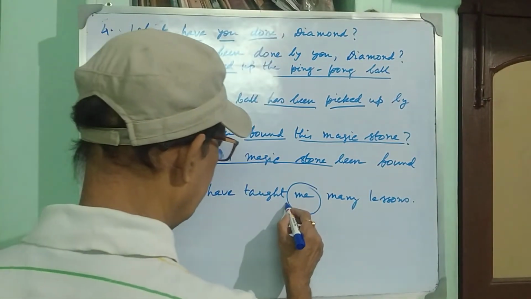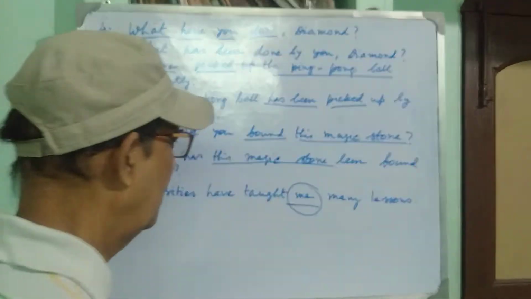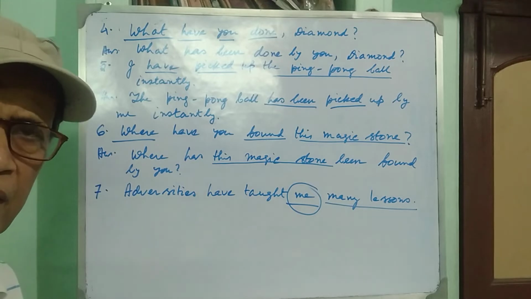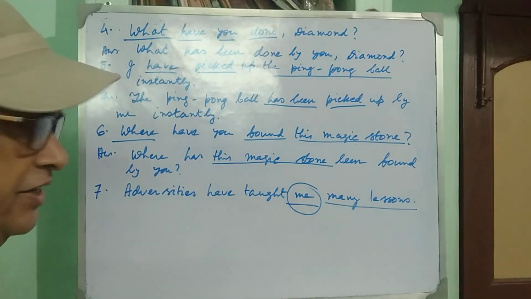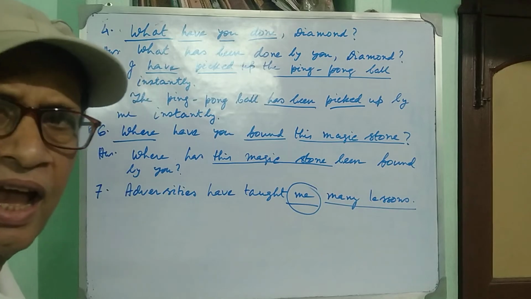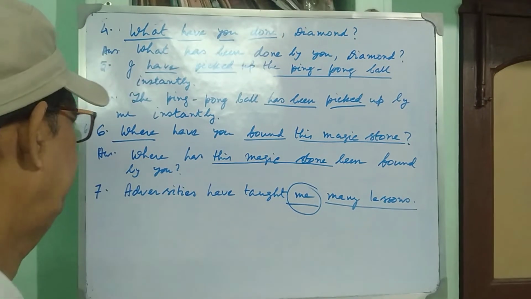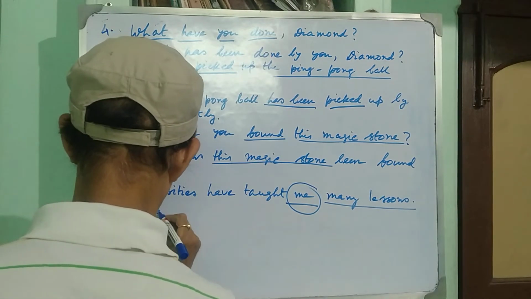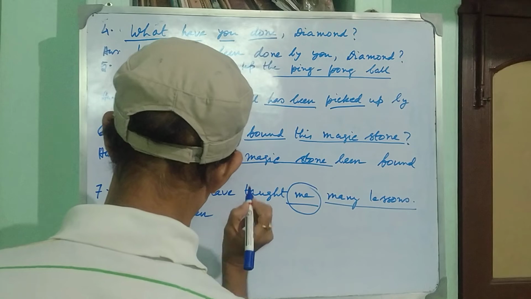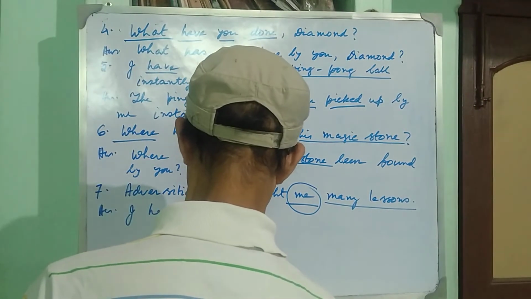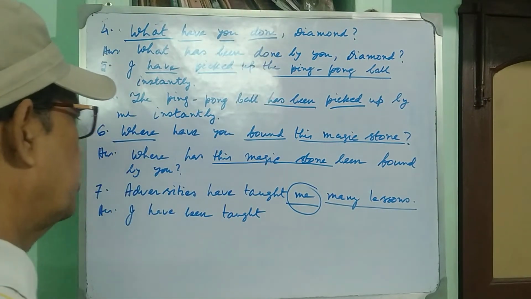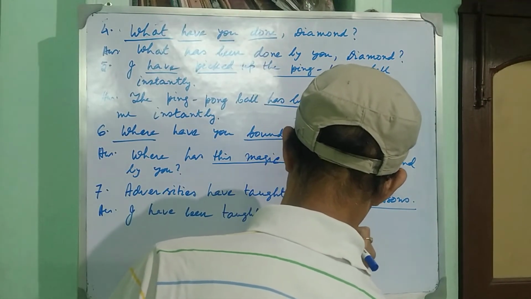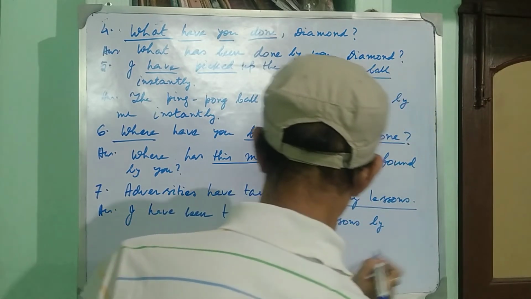Me is the indirect object, and many lessons is the direct object. You may take any object as the subject. So me is the object and its subject form is I. Answer: I have been taught many lessons by adversities.